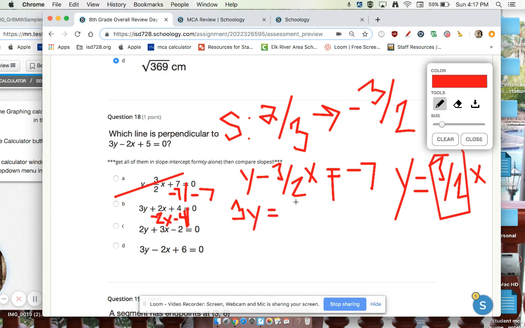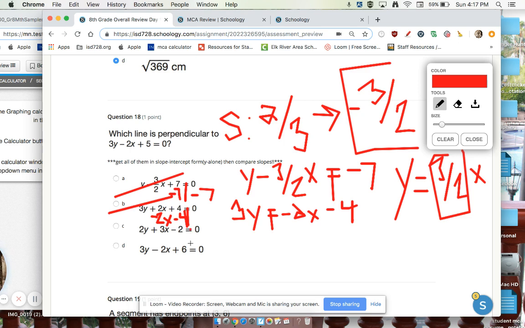And then what I'm going to do is divide everything by 3, but I can go ahead and stop because as I was writing this, I was keeping in mind that I needed a 3 on top. And this has the 2 on top, so I know that that's not going to be it.